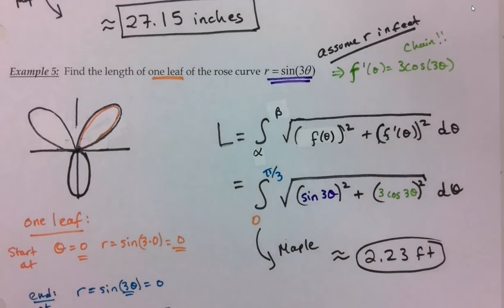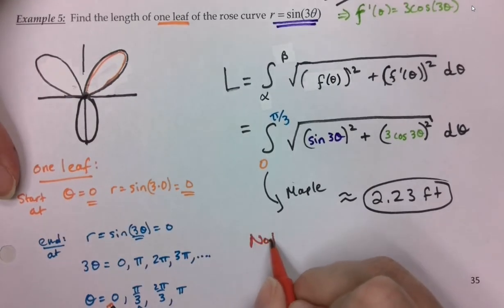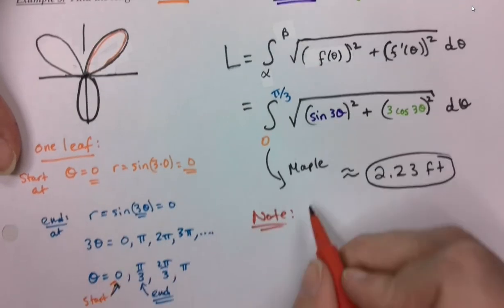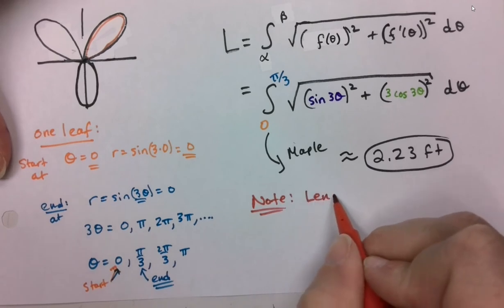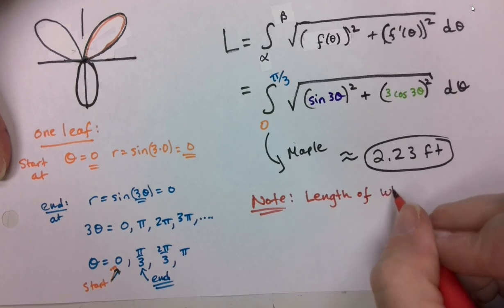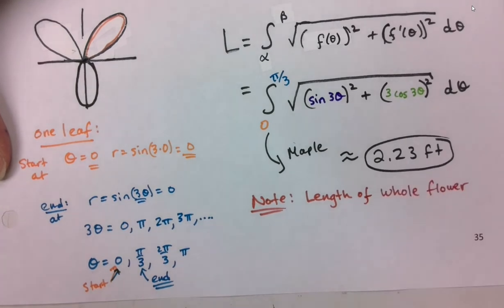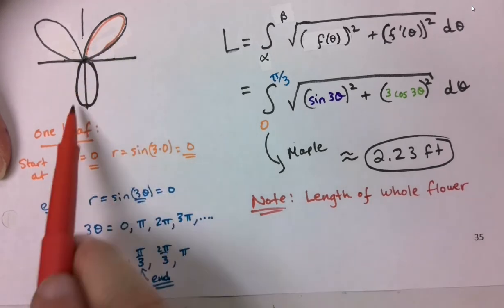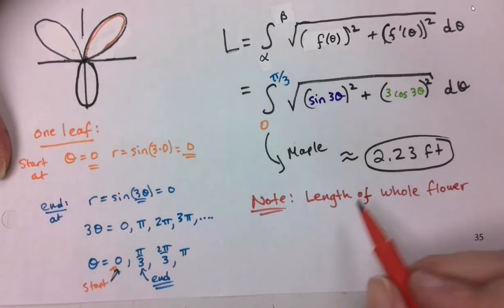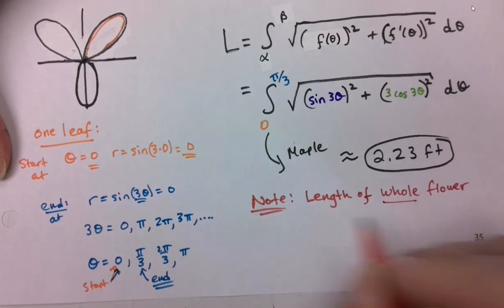And let's make an important note here. If they want the length of the whole flower, what you do is the same method above. Because of the way polar coordinates work, you actually don't want to do 0 to pi, even though 0 to pi would swing out this full flower in terms of a period for the polar function. We don't want to do it that way.